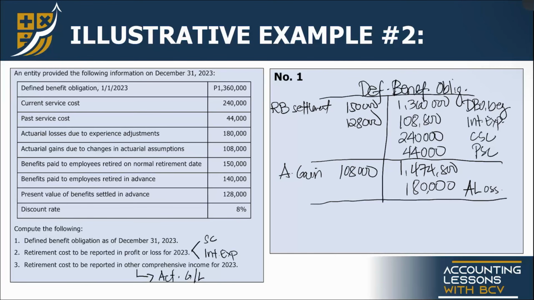And finally, kindly compute for your DBO ending or December 31, 2023. How much is that? 1,546,800. So the final answer for number 1 is 1,546,800.